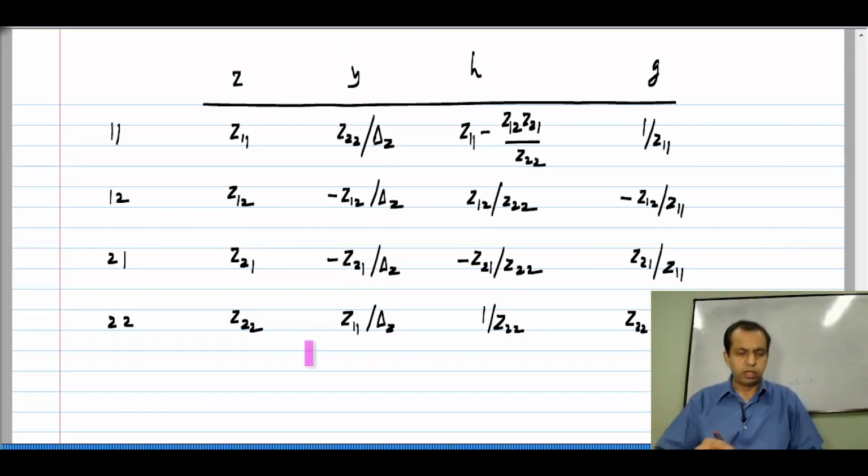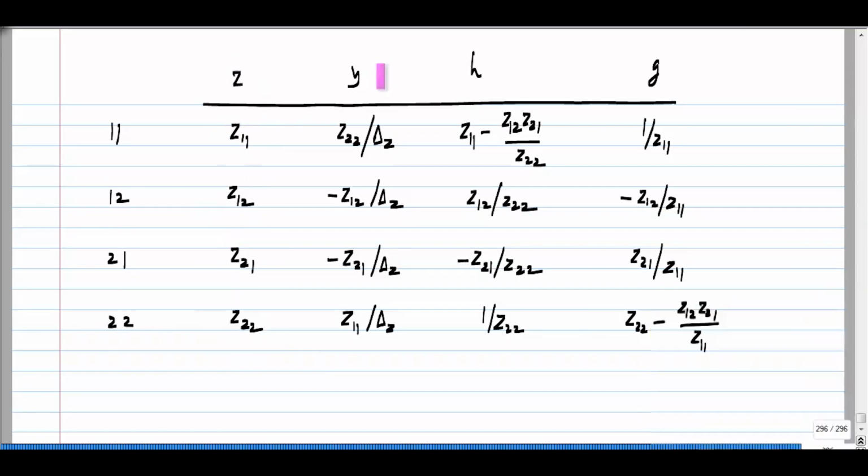Now, here I have tabulated the relationship between different parameter sets. I have listed parameter 11, 12, 21 and 22, and I have taken Z parameters as my primary means of representation, and I have represented all other two port parameters in terms of Z parameters.